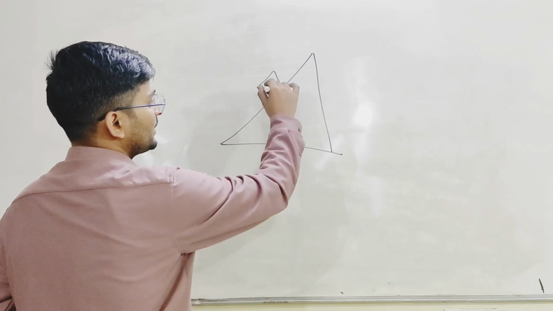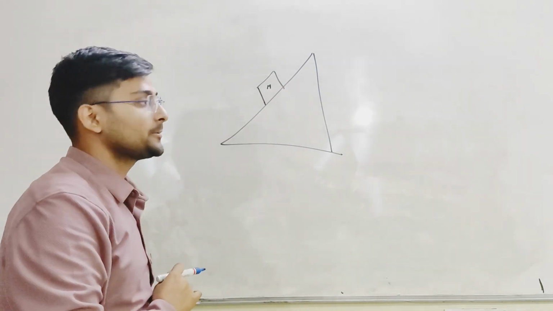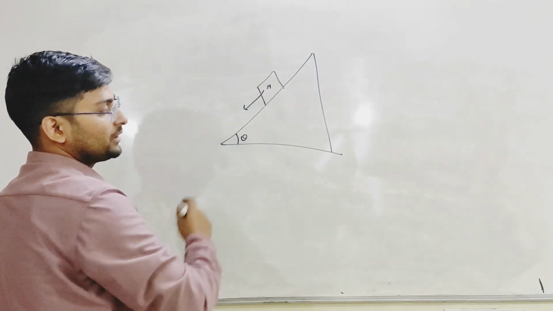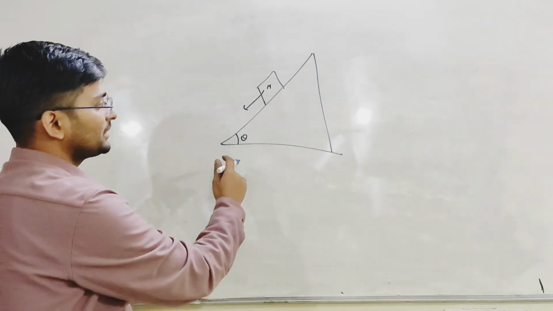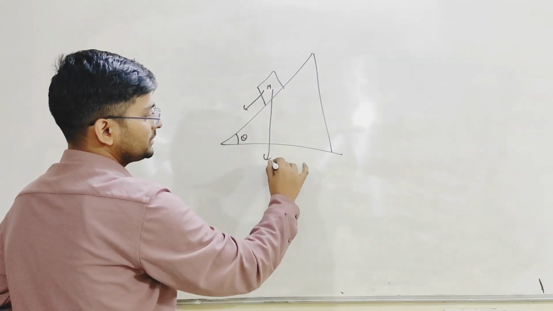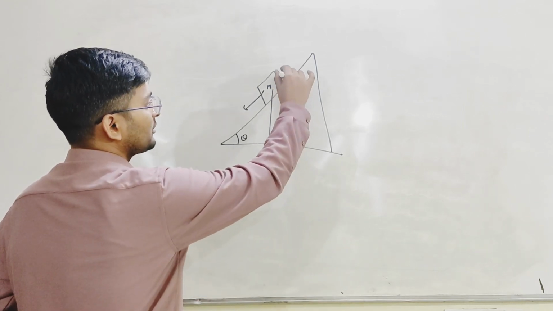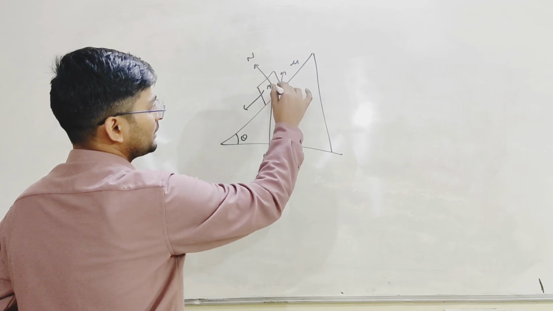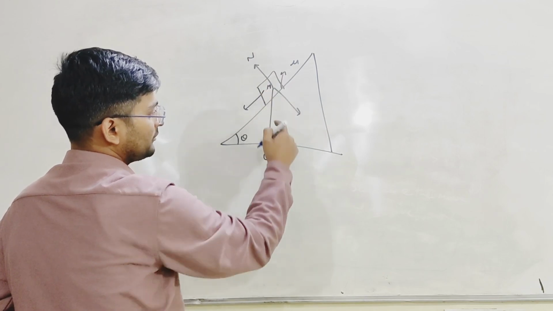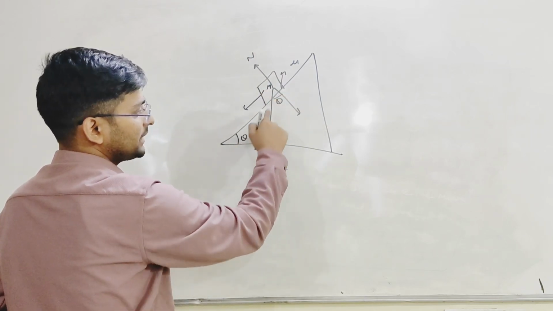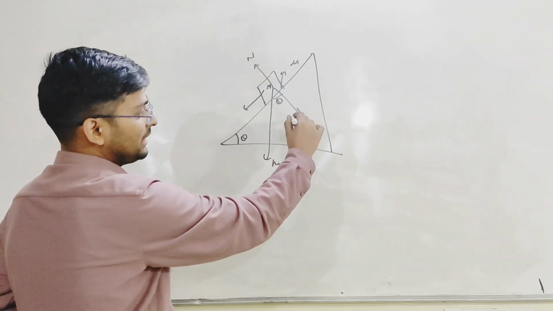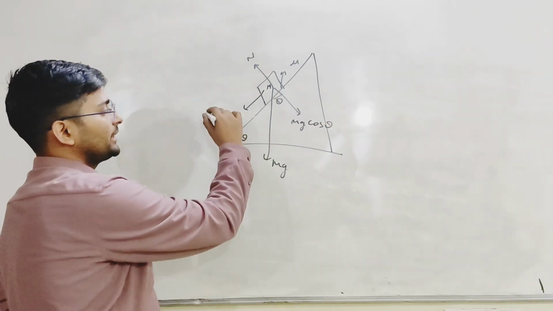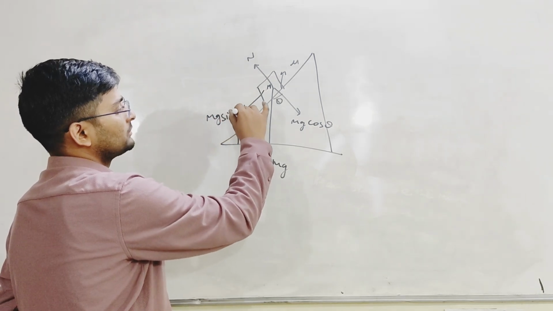Consider a mass m on a wedge with angle theta, with weight mg acting downward, coefficient of friction mu, and normal reaction as shown. Here the components of mg: this is theta, this is also theta. So mg has the component mg cos theta, and mg has the component mg sin theta.